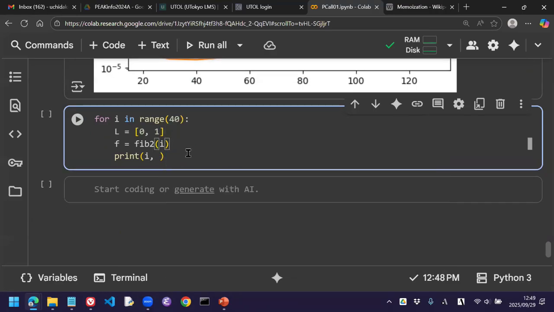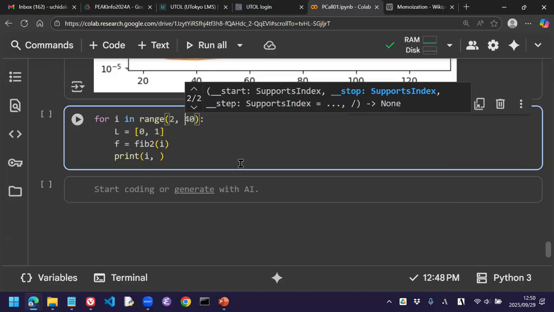Maybe we might want i minus 1, but anyway. So we can start, say, from 2, because we don't want very small values.